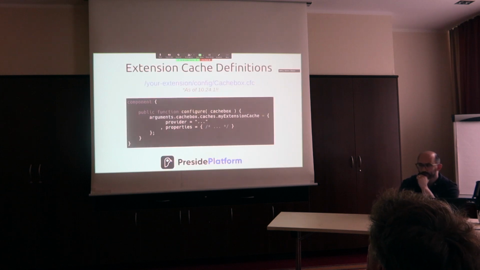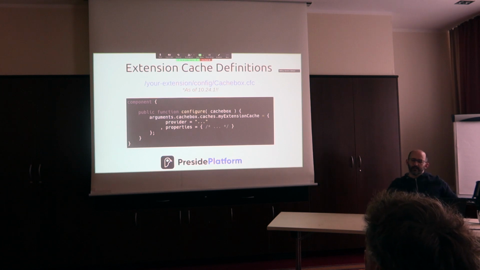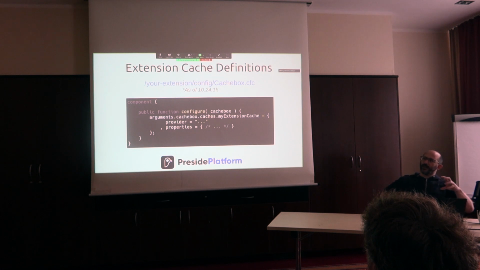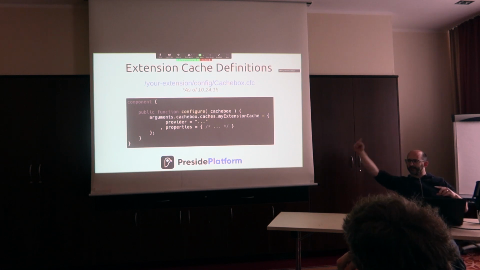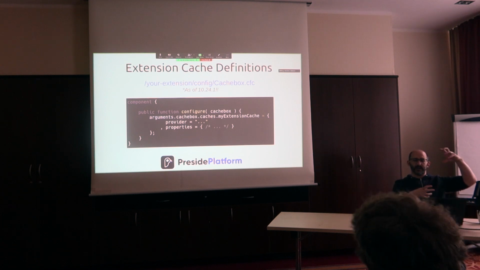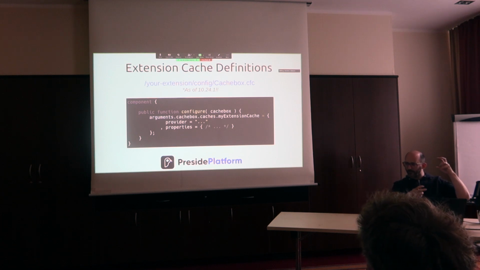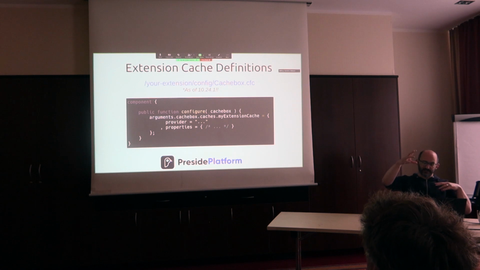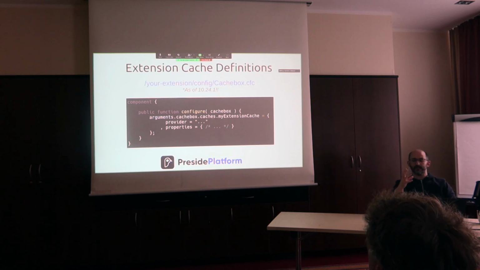It's kind of a similar concept as with configs. Exactly. So the extensions can't extend because there's like, let's say 100 extensions, one application, one Preside. You can't have an extends chain that works. So your application can extend Preside, and that's fine. Those are the only two that will work in that way. All the extensions have a configure method, and they get given the Cachebox structure as an argument.